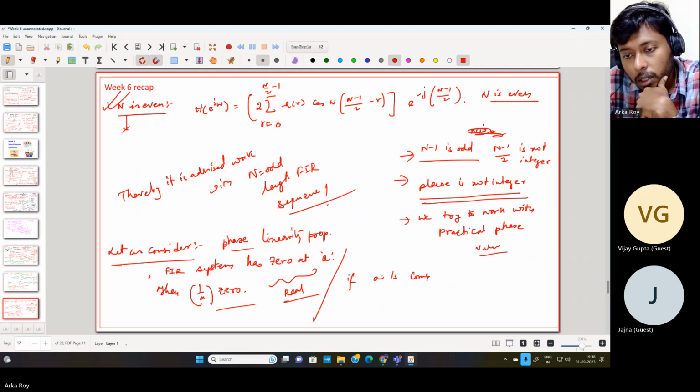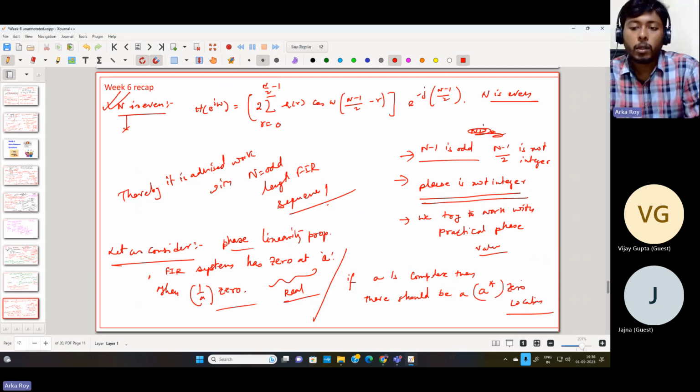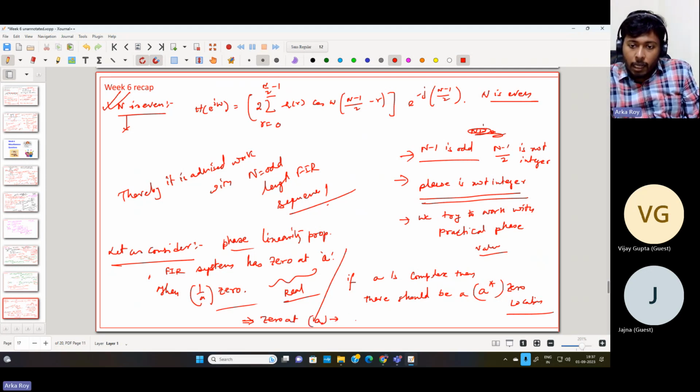And if A is complex, then there should be an A star 0 location. So that means there should be a complex conjugate operation as well as a reciprocal operation. So in general, if we have a 0 at A, followed by that, I will get 1 upon A location.